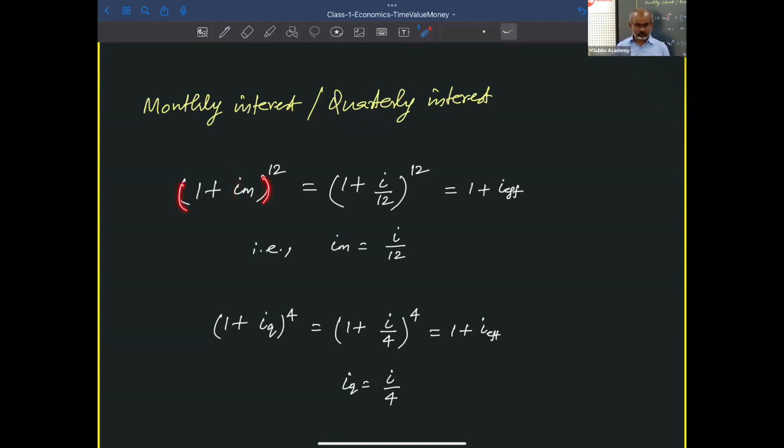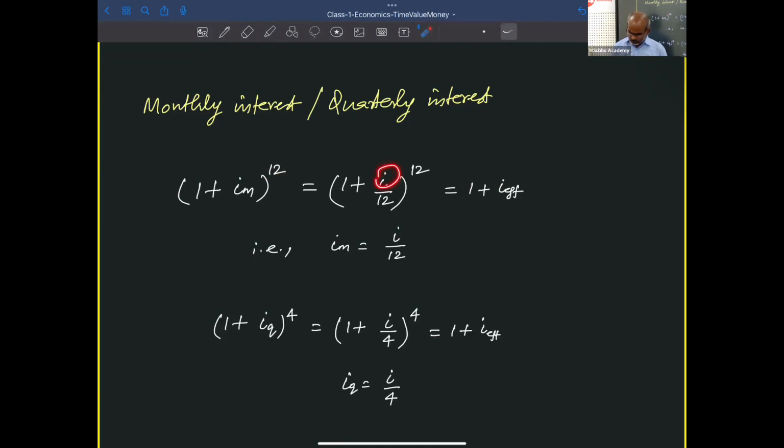Since every month we are adding interest, the future value at the end of a year is the principal P multiplied by this. So 1 plus IM to the power 12 is equal to 1 plus I effective, where I effective is the effective annual interest rate.